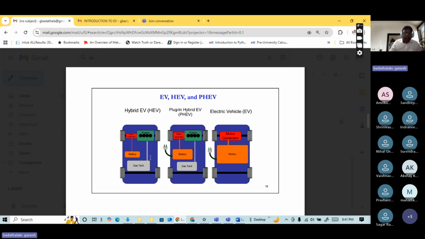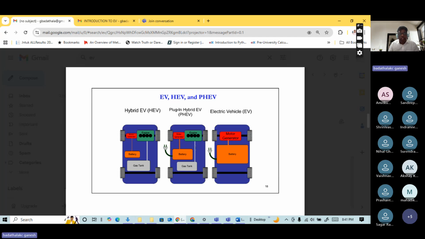A hybrid electric vehicle will have a nickel metal hydride battery or a lithium ion battery. It will be mostly run with the help of petrol, and during regenerative braking, while you are applying brake, the energy is converted, or during the general running of the vehicle with the help of petrol, the lithium ion battery is also charged. That is known as hybrid electric vehicle.